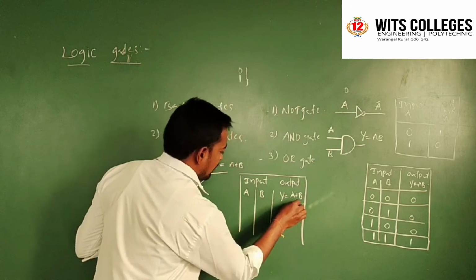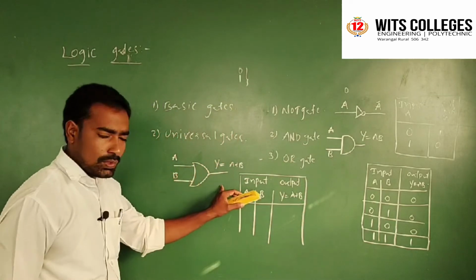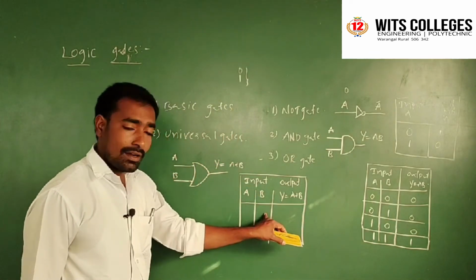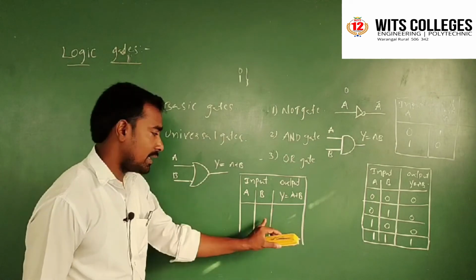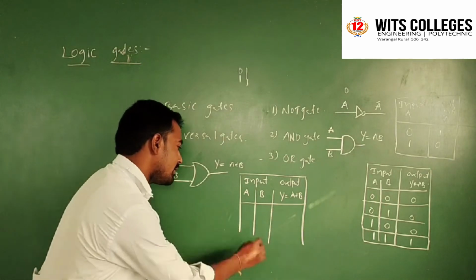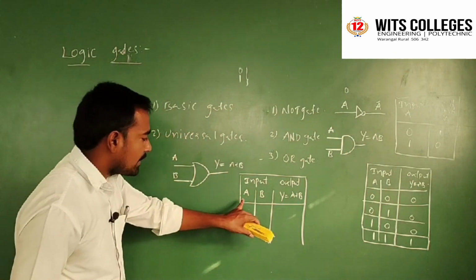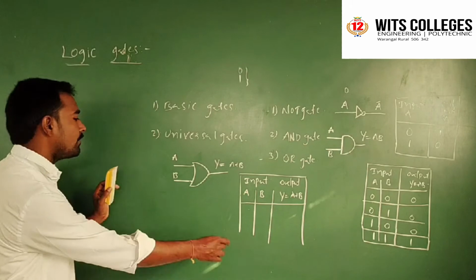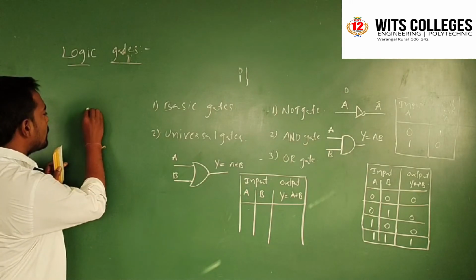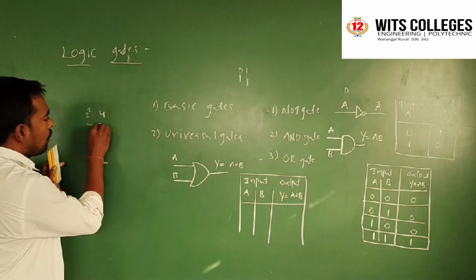That means the OR gate is used to perform the binary arithmetic addition operation, and we get 4 combinations when we give 2 inputs, like 2 to the power of 2 is equal to 4.